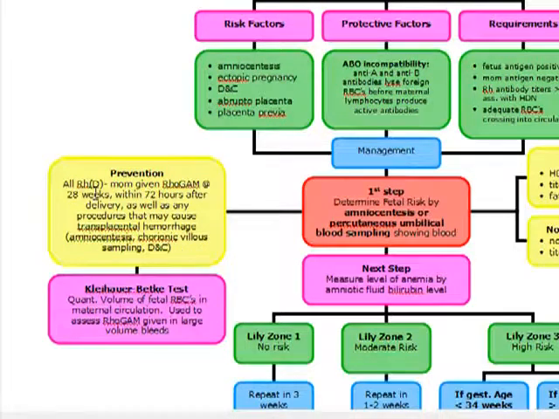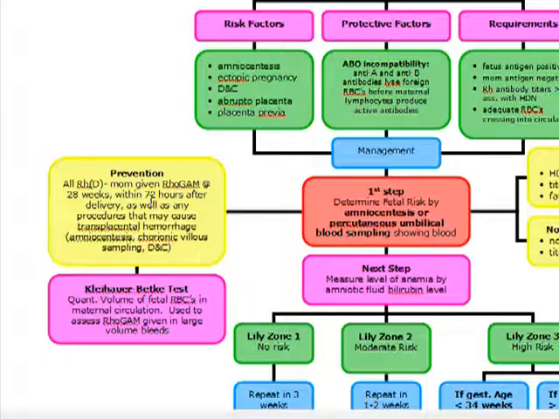All Rh D negative moms are going to be given RhoGAM at 28 weeks, and then again within 72 hours after delivery. We also give it with any procedures that can possibly cause a transplacental hemorrhage, such as amniocentesis, chorionic villus sampling, as well as D&C.